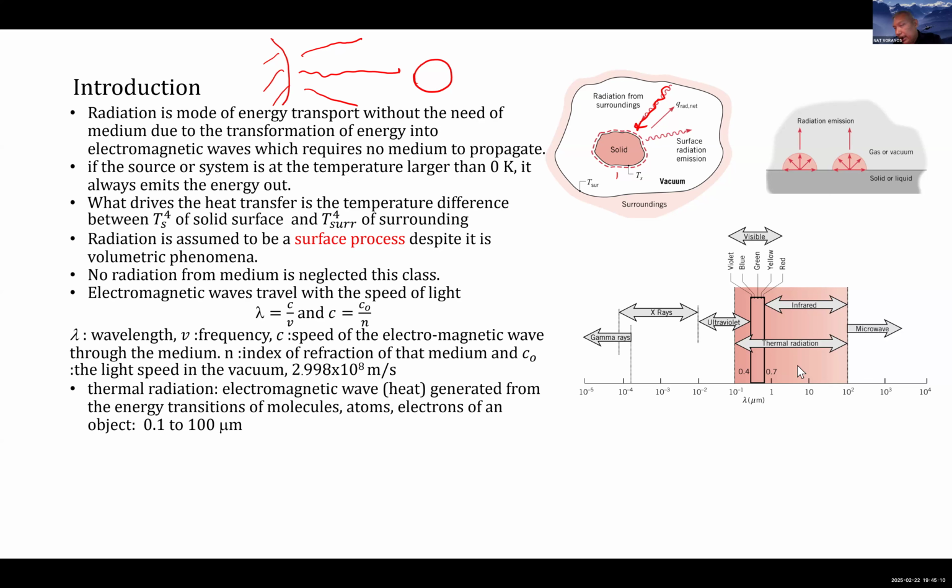It's called thermal radiation. This is the big portion of the sunlight traveling to the earth and increasing the energy of the object. But the sunlight is not the only kind of radiation source. My light bulb is one kind of energy source.